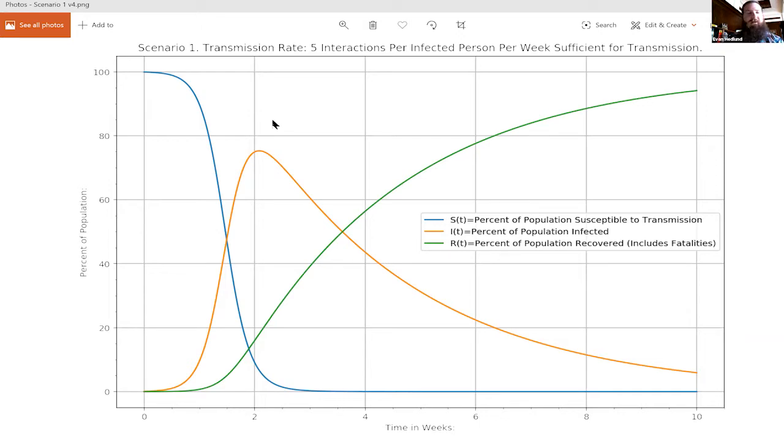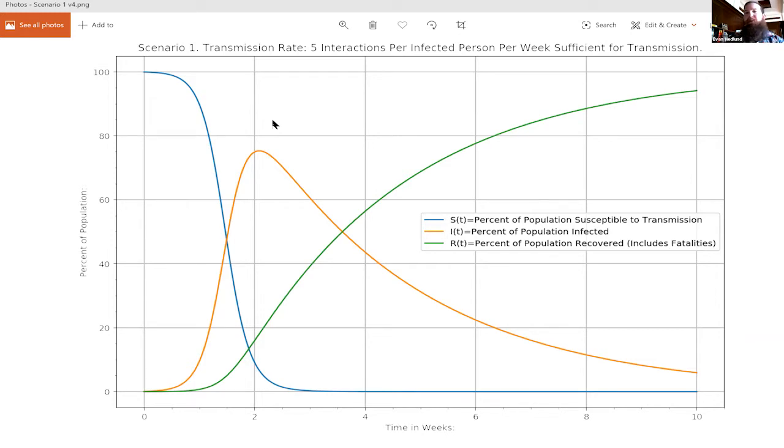And so we really want to flatten that curve to minimize the effect that it can have, or at least to get it in a range that our healthcare system can handle. And as you look through, the only thing that changes between these graphs is the number of interactions per infected person per week, sufficient for transmission.